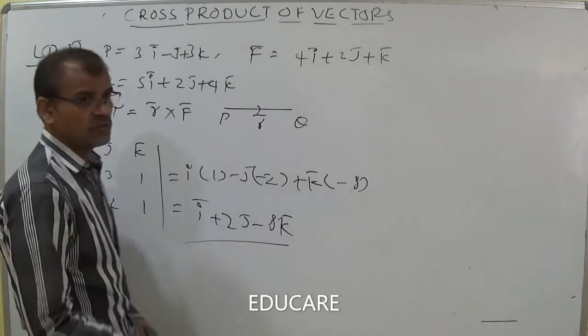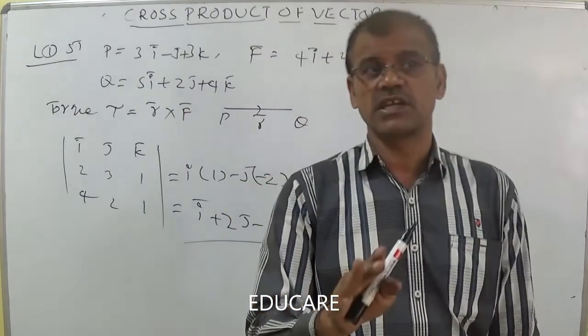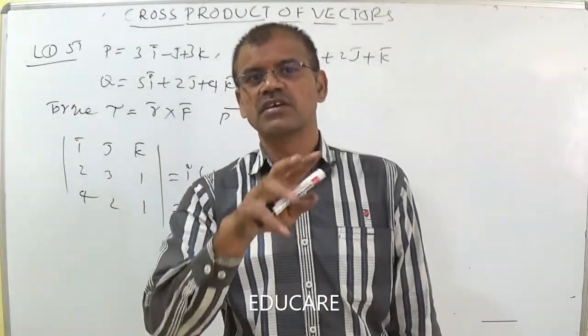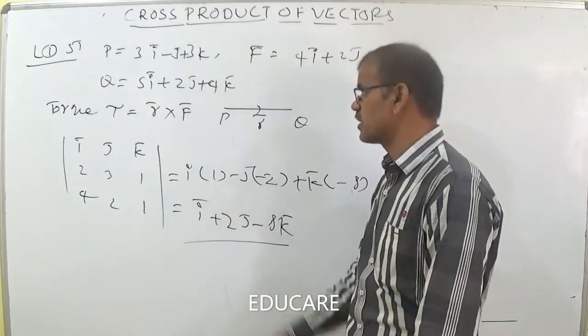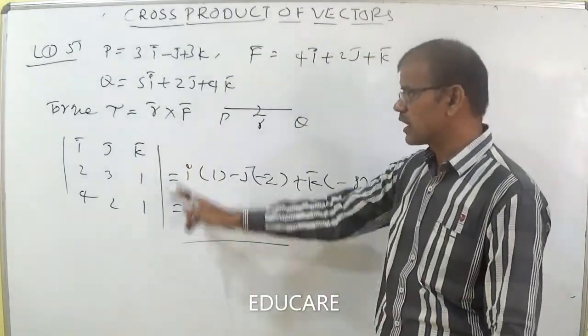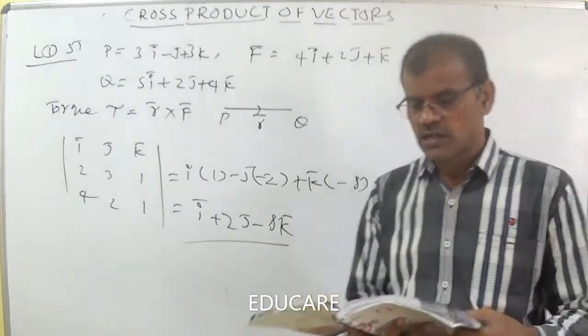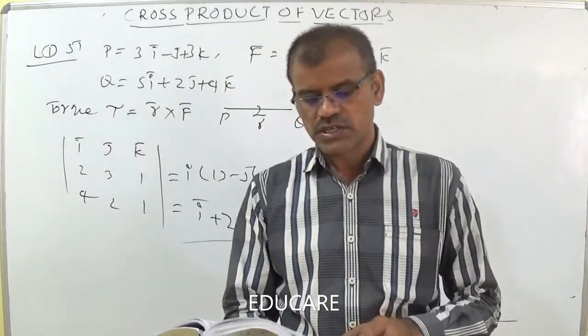If you take the negative direction also it is no problem, you can change the direction, but if options are given with the same two options by mistake, you will get confused. That is why you should not neglect or forget the formula tau is equal to R cross F: first R and next F.